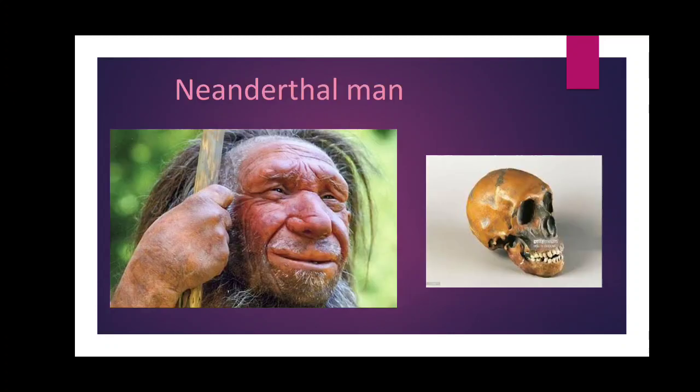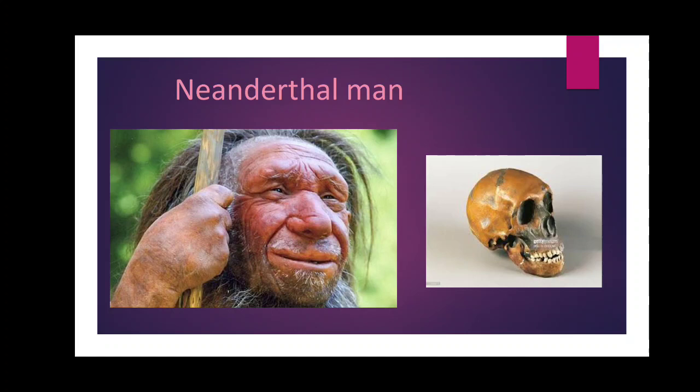Then came the Neanderthal man. They were the successor of the Homo erectus. They had a height of about 160 centimeters, properly 5.5 feet people. Their cranial capacity was about 1450 centimeter cube.